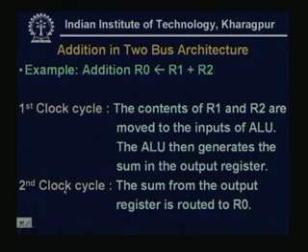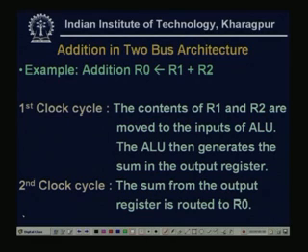Now, let us do the same addition using a 2 bus architecture. Instead of 1 bus, say there are 2 buses available in the architecture. Now we see what will be the advantage or disadvantage. As there are 2 buses, the contents of R1 and R2 are moved to the inputs of the ALU concurrently.